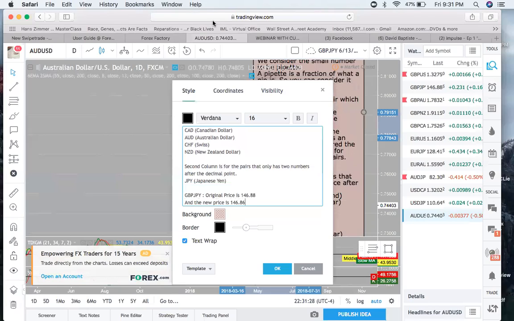Anybody? If you want to unmute yourself, you can unmute yourself. Okay. All right. Well, just to let you guys know, the price went down by 2 pips.